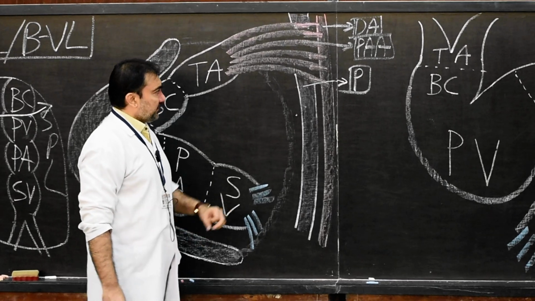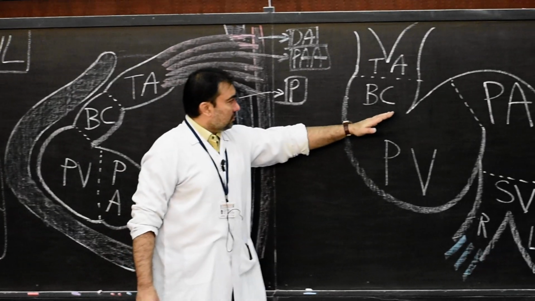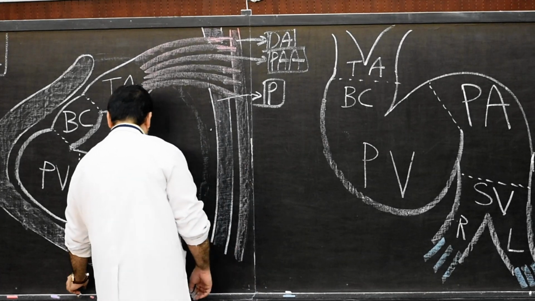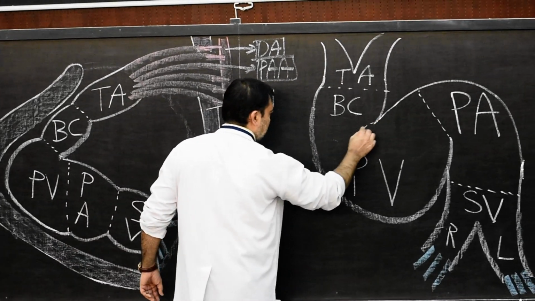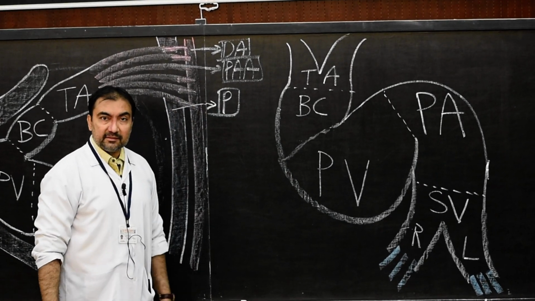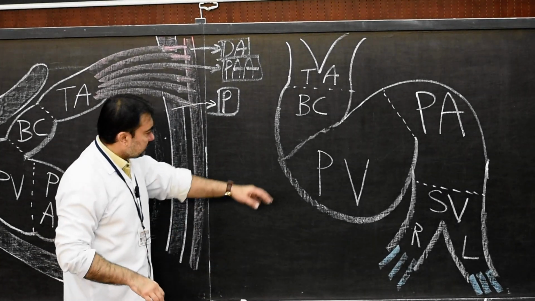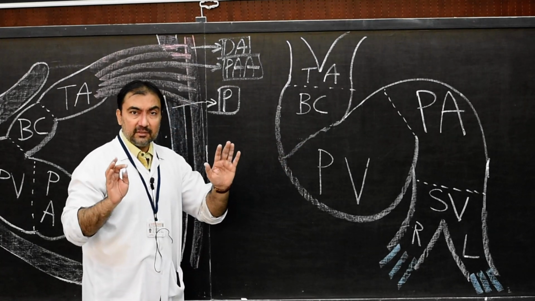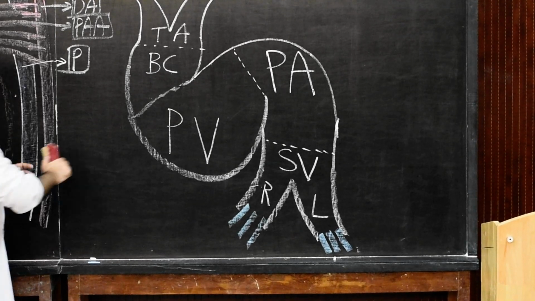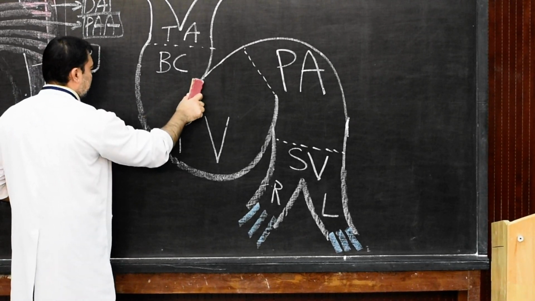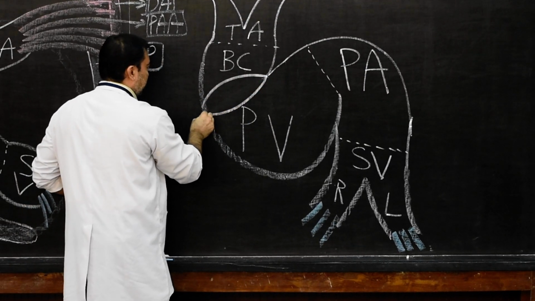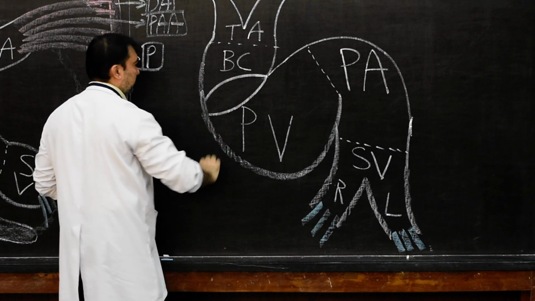Now initially there will be a bulboventricular septum. This bulboventricular septum, if I show it like this, here on this side, it will be like this. Then after some time, this bulboventricular septum will disappear. So what will it develop into? After its disappearance, this bulboventricular septum will develop into the bulboventricular canal.